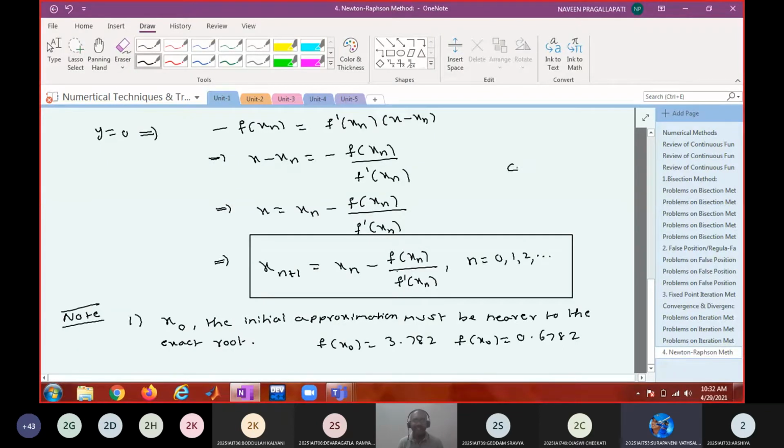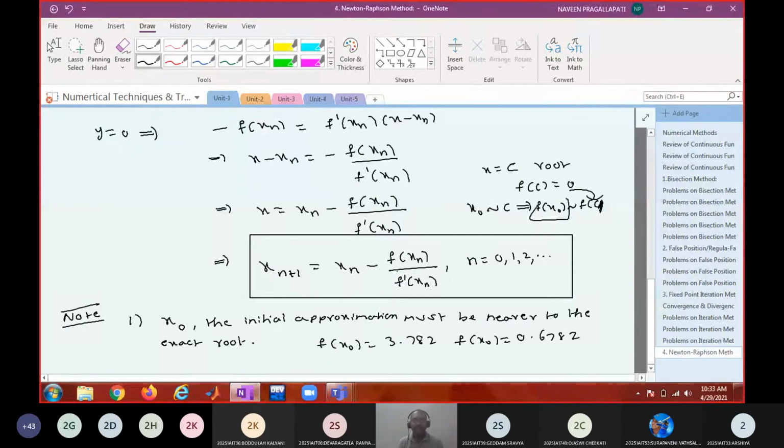See, I said C is the exact root, right? When x equal to C is the root, what is f of C? Identically equal to 0. Therefore, when x naught is nearer to C, then f of x naught must be nearer to f of C. What is f of C? 0.